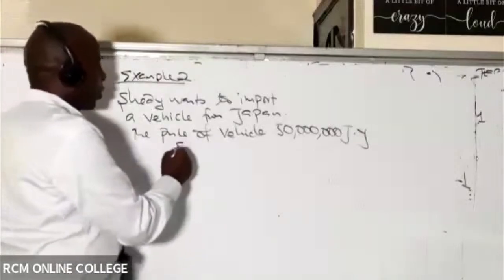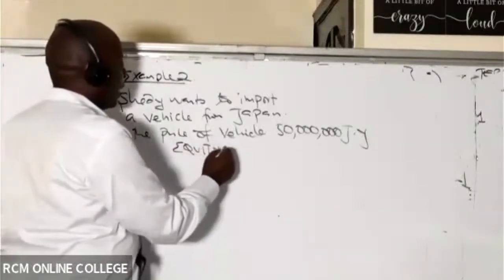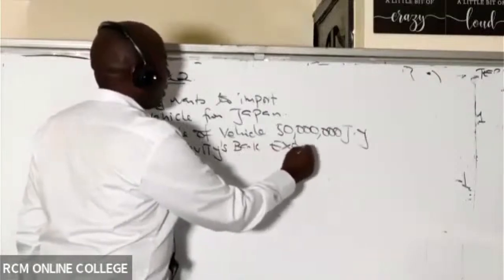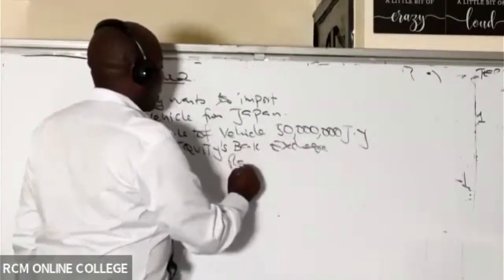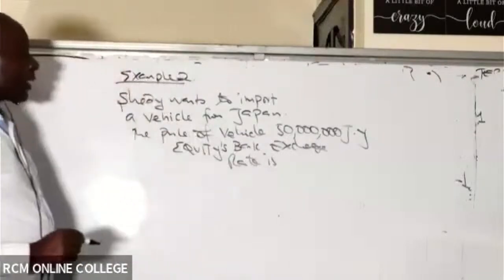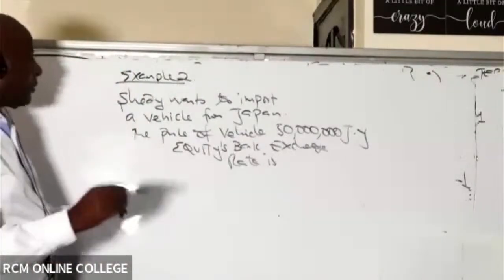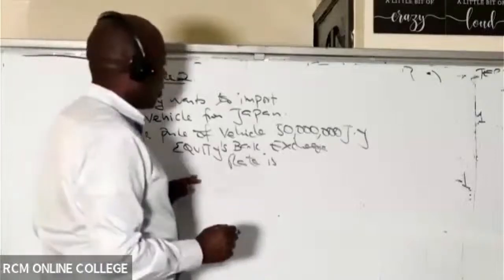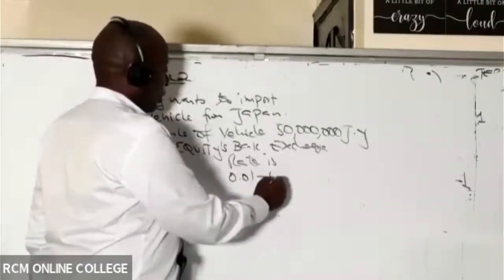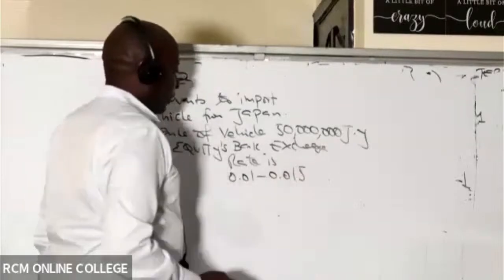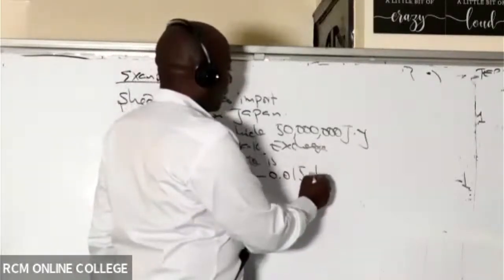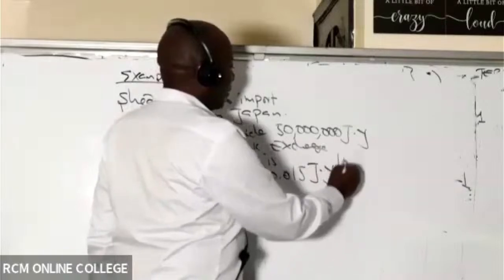Equity bank's exchange rate, I'm just putting an arbitrary. It doesn't matter. So Equity bank's exchange rate is 0.01 to 0.015 Japanese yen per Kenya shilling.